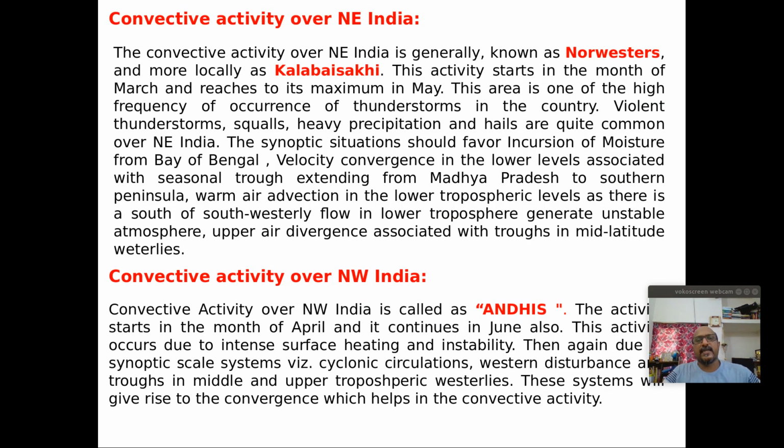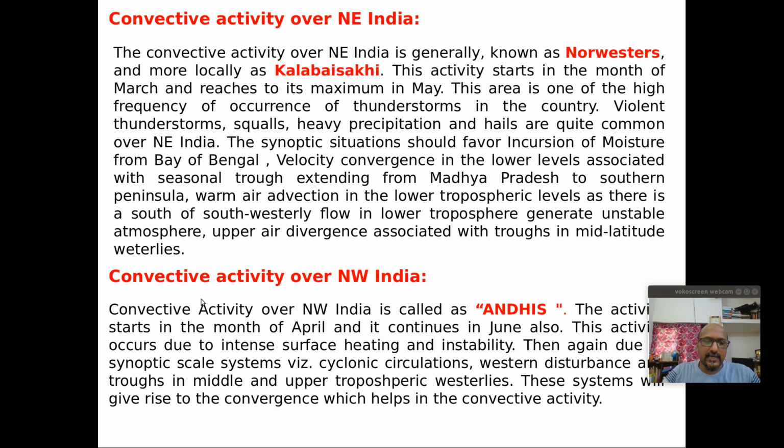Then there is the convective activity over northeast India during the pre-monsoon season, March, April, May, which is normally known as nor'westers, locally known as Kal Baisakhi. It is called nor'westers because it moves from the northwest direction towards the Bengal region. It is a kind of tornado-type supercell storm, and hail and tornadoes are common over those regions.